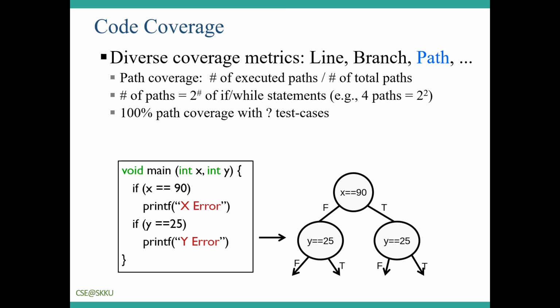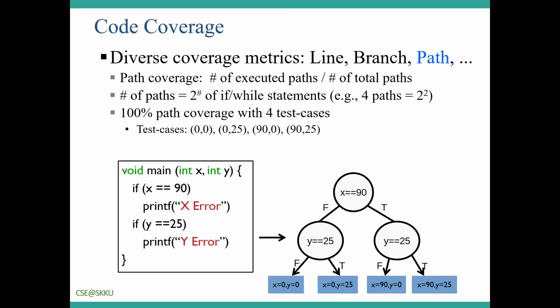Yes, the answer is to achieve 100% path coverage, we need at least 4 test cases, one for each of the unique execution paths through this code. More specifically, the first test case covers the execution path that goes through both false branches, the second test case covers another unique path, and the third test case yet another different path.